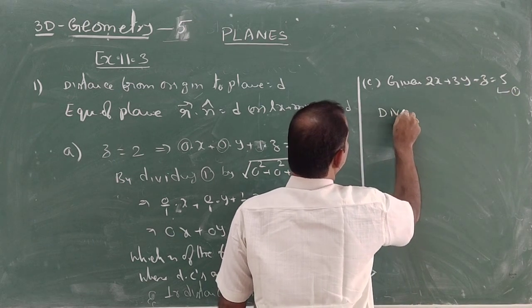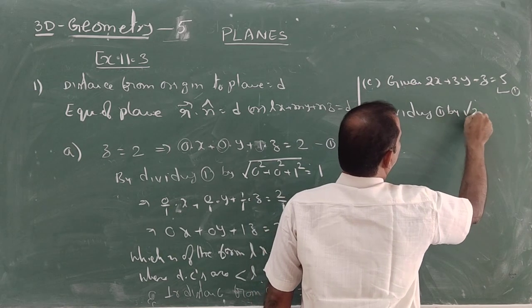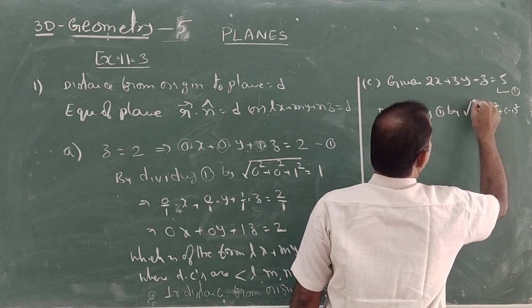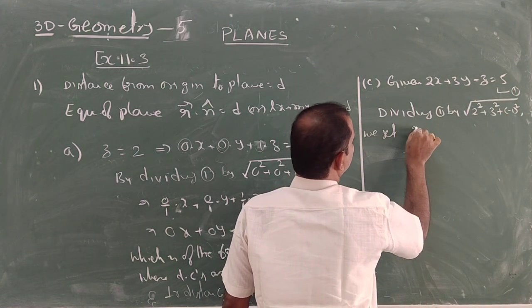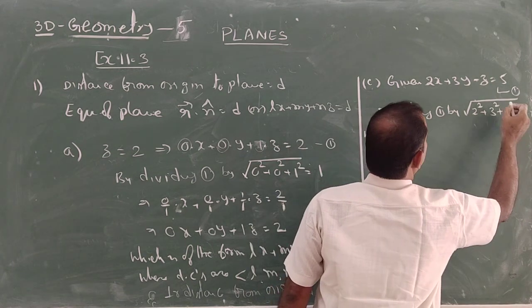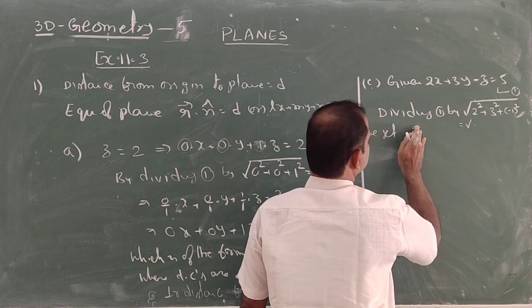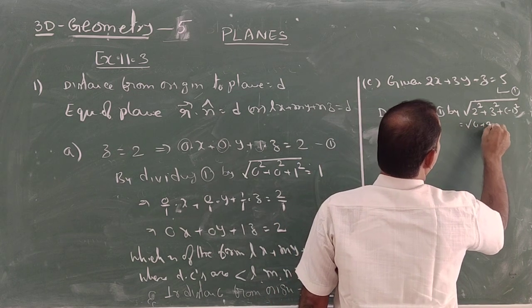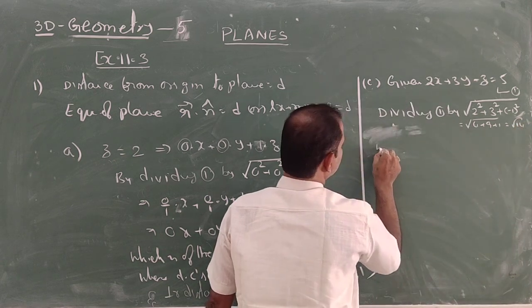Dividing by 1 by the square root of 2 square plus 3 square plus minus 1 square, which is 4 plus 9 plus 1 is equal to root 14.